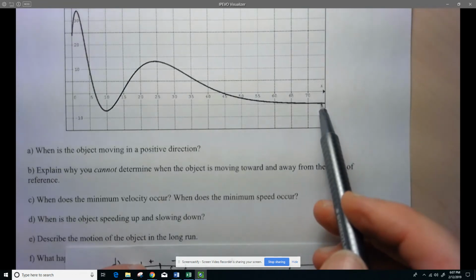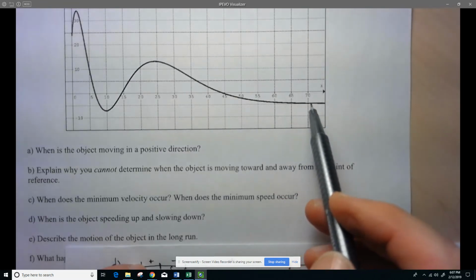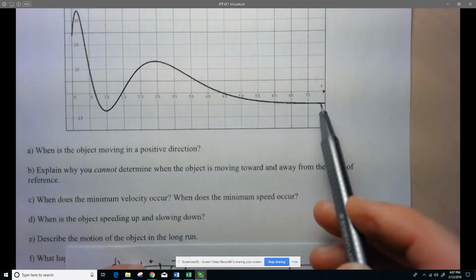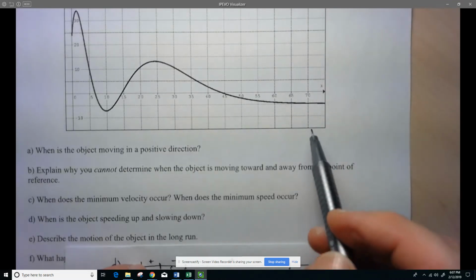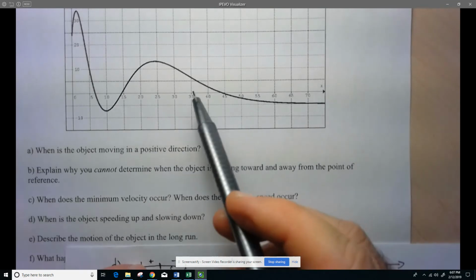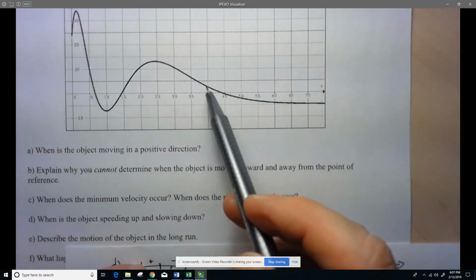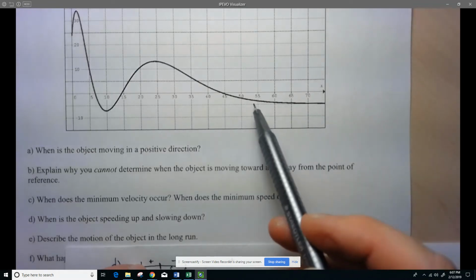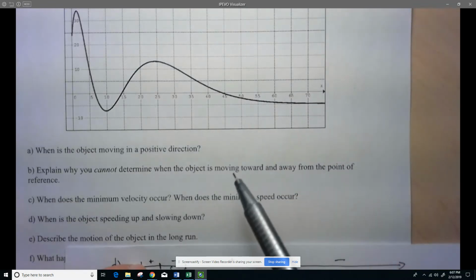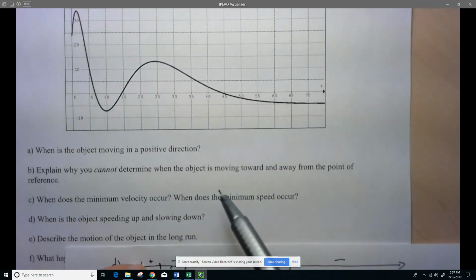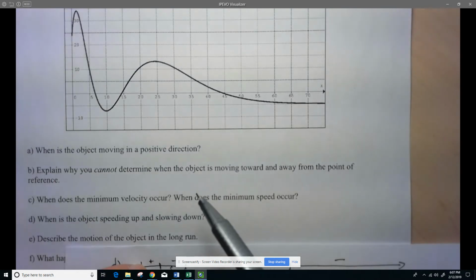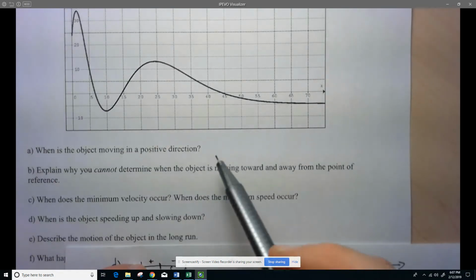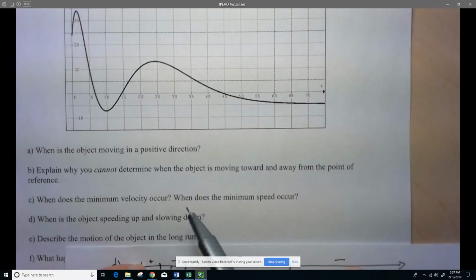So in other words, what does that mean? It means that it's approaching a speed of 1 meter per second, but always going in the negative direction. And if we think about the acceleration, what's happening? Well, we know that the slopes of the tangents are getting flatter and flatter and flatter, so the acceleration is approaching 0.